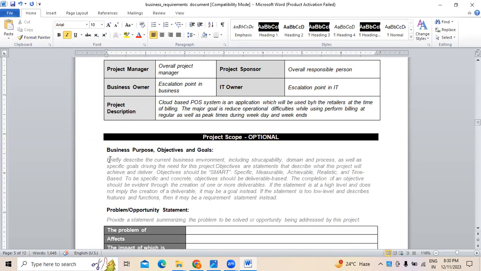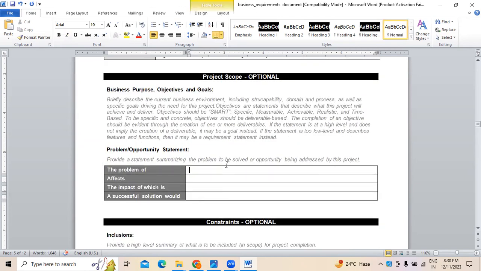So next is the problem opportunity statement. Problem opportunity statement means what problem we have identified. What was the problem in the case study? Anyone? What problems have we identified?